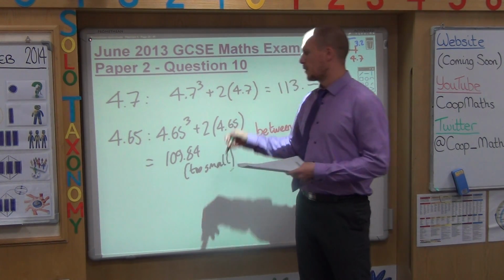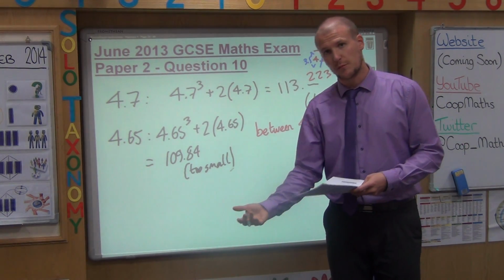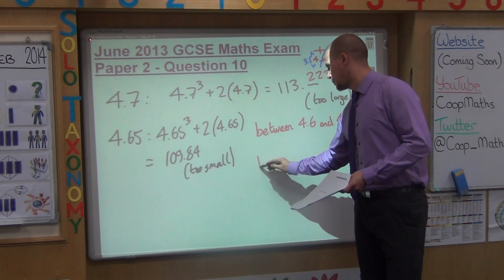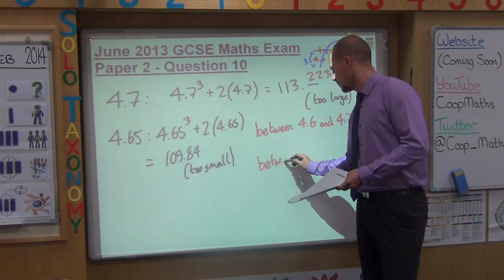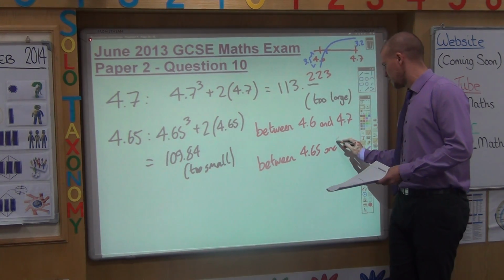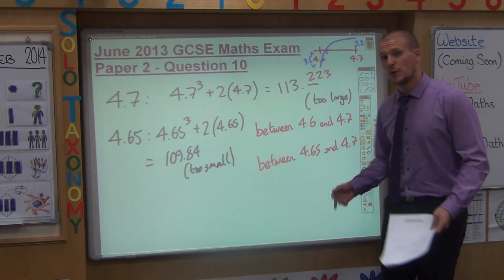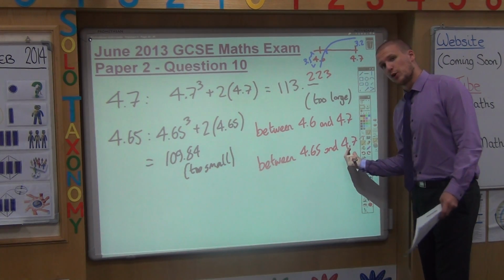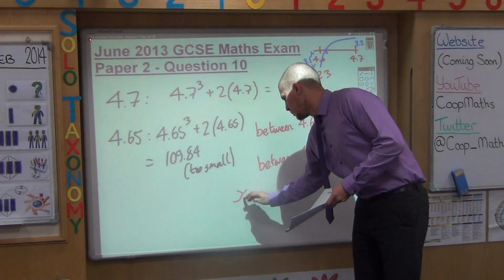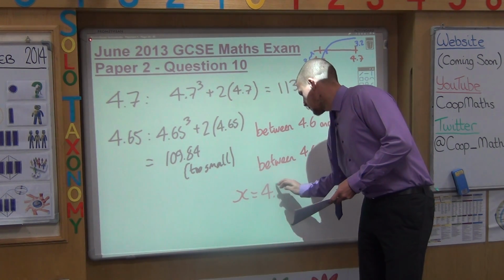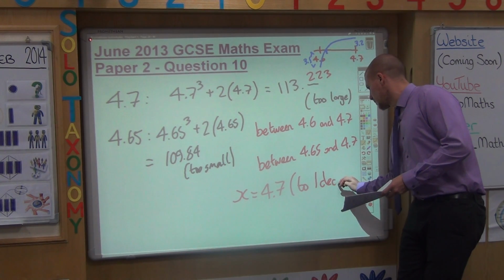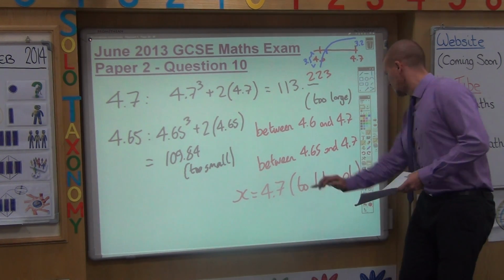So in theory, you compare 4.6 was too small, 4.7 was too big, 4.65 is still too small, so your answer is between 4.65 and 4.7. We don't need to do anything more. 4.7 is the closest one decimal place answer you have, so you would say that x equals 4.7 to 1 decimal place. And that's your answer.